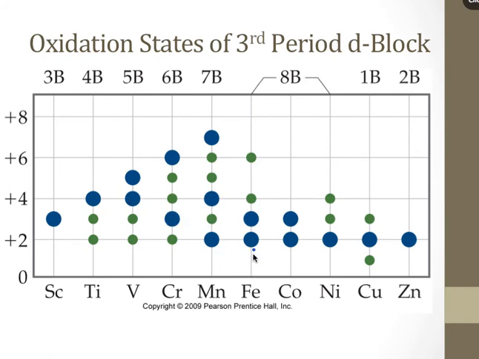Iron, we see that +2, +3. Cobalt, +2, +3. Nickel, the most common, is +2. Copper, +2. And zinc is always that +2. So it almost looks like a pyramid, except there's some holes missing here.